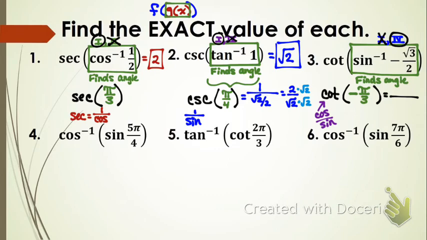What'd you say? 1/2. What's sine of negative pi over 3? Yep, negative radical 3 over 2. So I can cancel those denominators, and then I need to rationalize my denominator, right? So what's my answer here? Yes, negative square root of 3 over 3.